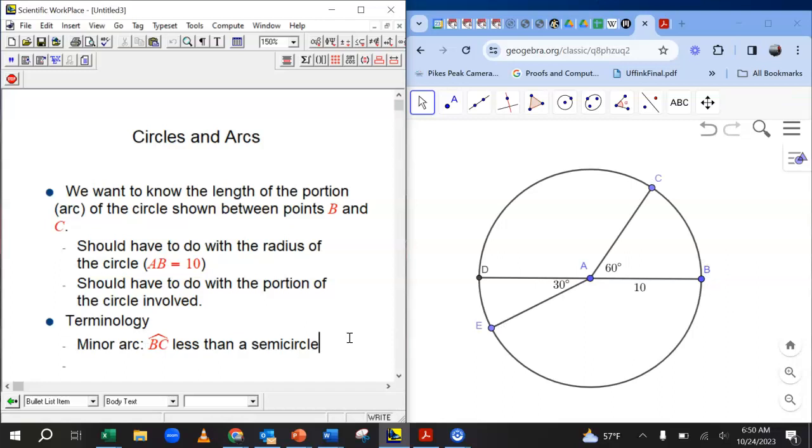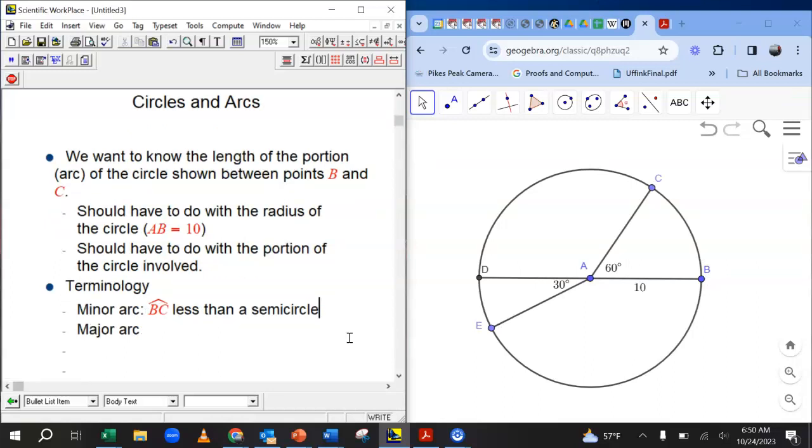How would I then get the major arc, what if I did really mean start at B, go all the way around the other way, more than 180 degrees around to C? You could imagine there'd be some sort of little notation, go clockwise or go counterclockwise.